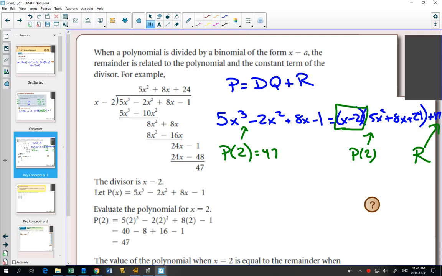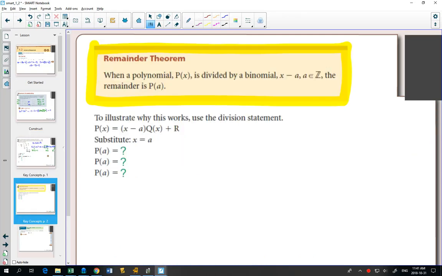You're always plugging in the number that would make the box equal to 0, because then all you would be left with is your remainder. And so this is called the remainder theorem. It's based on this idea that whenever you substitute into your division statement, you're going to get 0, so all you're left with is your remainder.